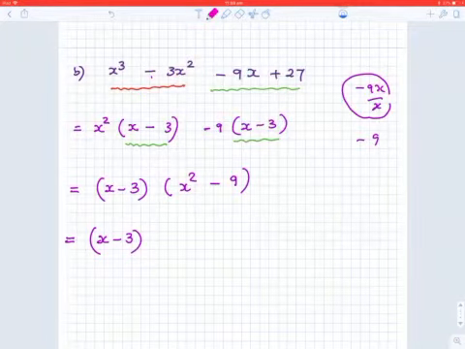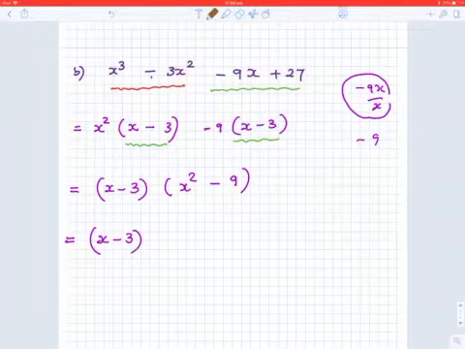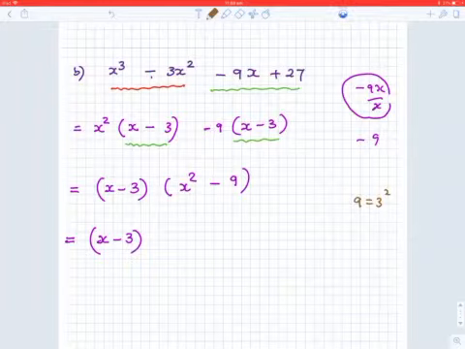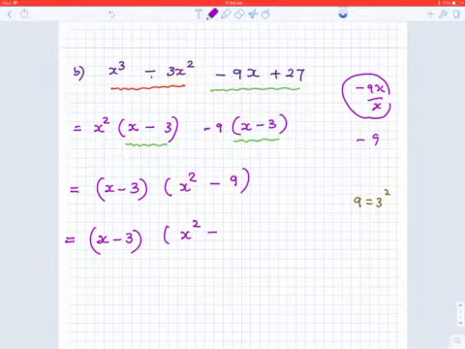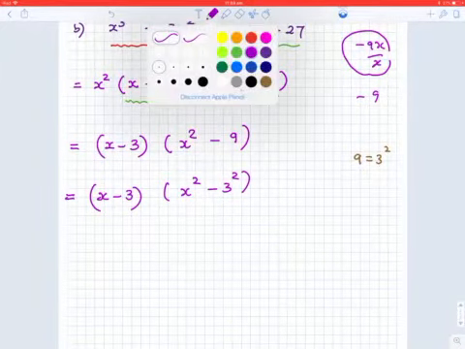However, that 9 is a perfect square, which is 3 square. So I'm going to write that as x square minus 3 square.